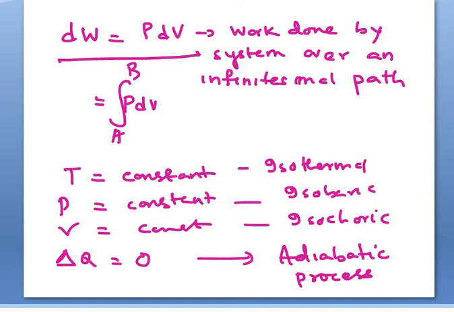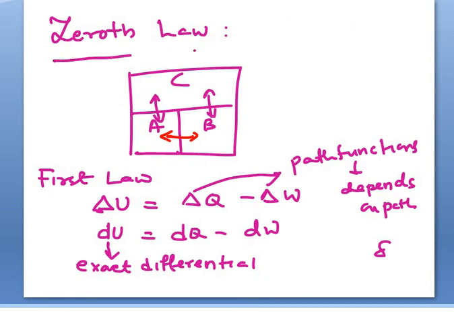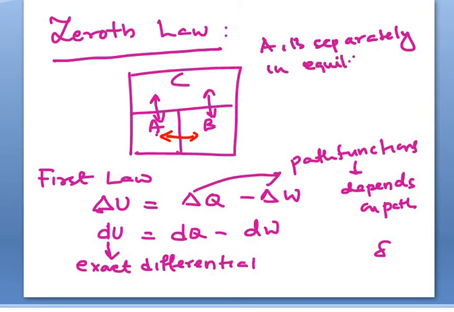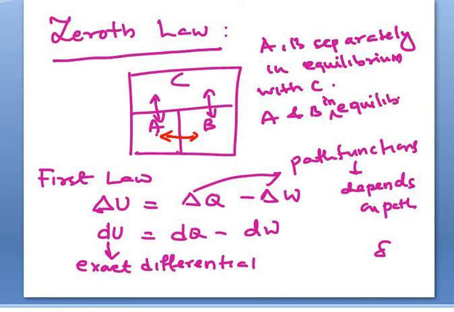Now we will quickly refresh our zeroth law. I will not be writing the statement, that you will write. Suppose you are having two systems A and B, which are separately in equilibrium with system C. Which means A and B are in thermal equilibrium with each other.